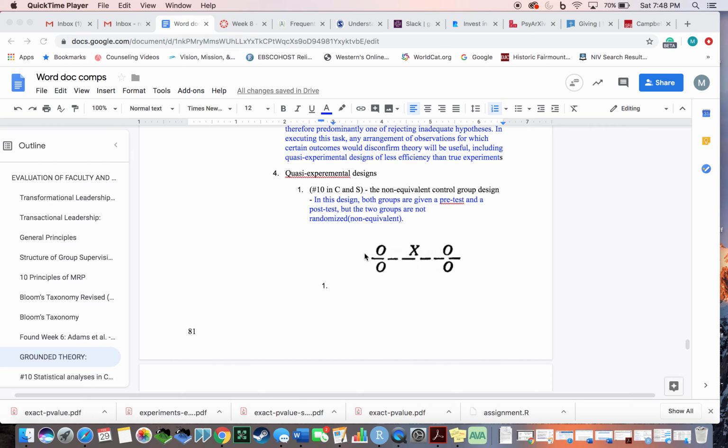So we have two different groups here. Okay, they're not randomized. For each group, the group that's going through the on-campus program and the group that's going through the hybrid program, we can test their knowledge of DSM nomenclature and career theory at the beginning, and then see how treatment favors, and then test them afterwards.